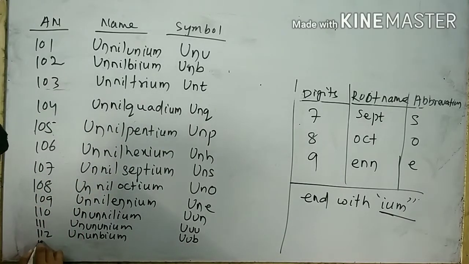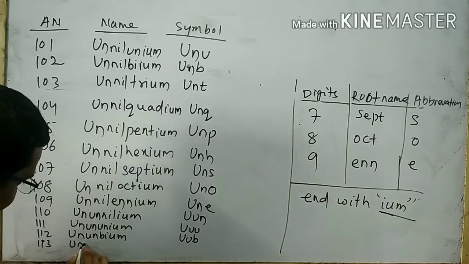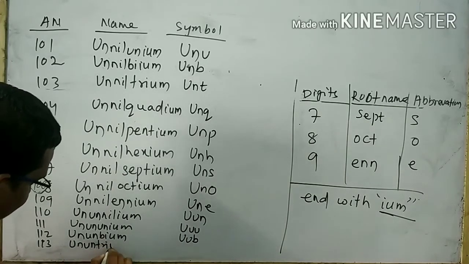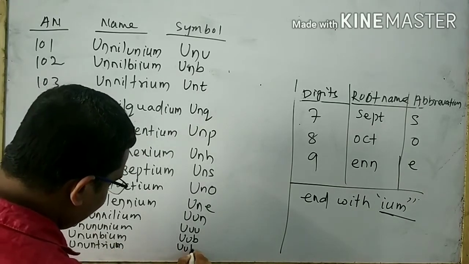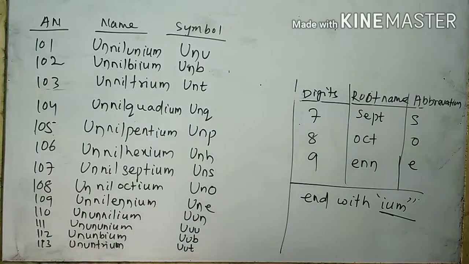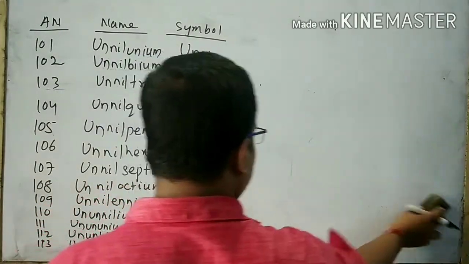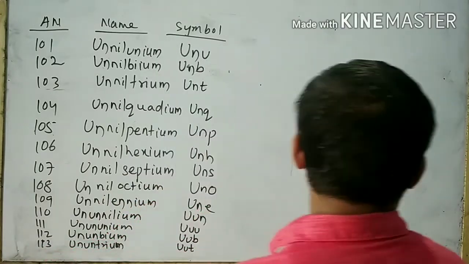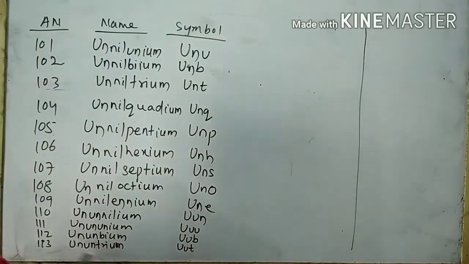For 113, we can write un un tri, IUM, that is UUT. If I think about the other elements, then I can also write the symbols of 114, 115, 116, 117, 118, and also we can write the names of the elements.